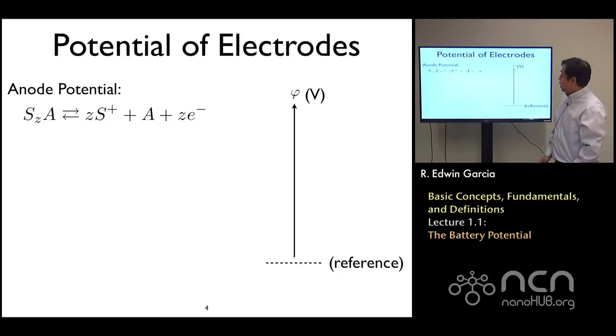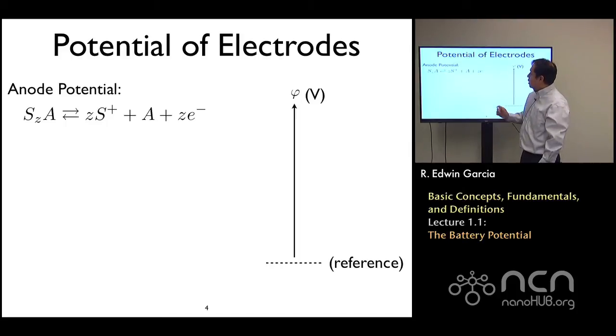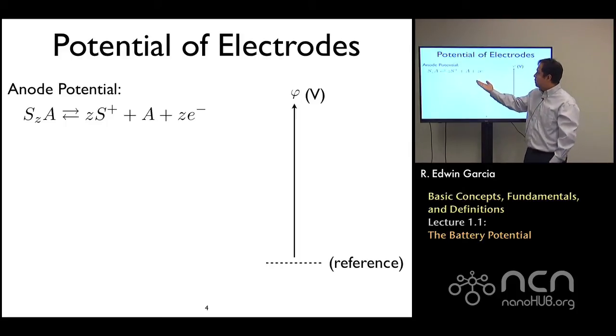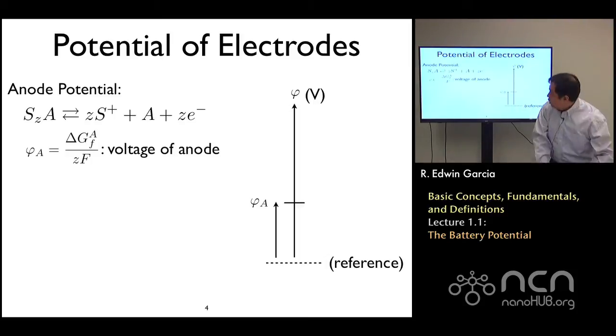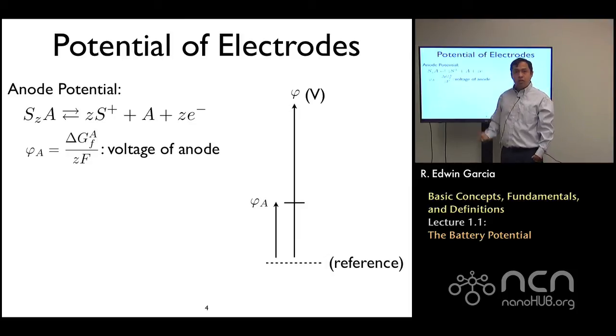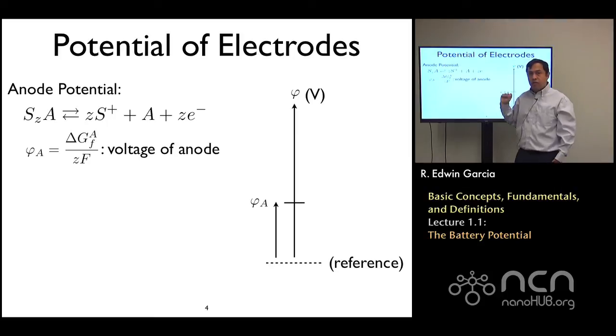For the anode potential, this is a reaction, and if you forget for a second that we're getting electrons and ions out of it, this transformation requires some free energy. That free energy, delta G, is related to the voltage, to a first approximation, via the valence of that ion times F. F is referred to as the Faraday constant, which is effectively the number of electrons in a mole of charge.